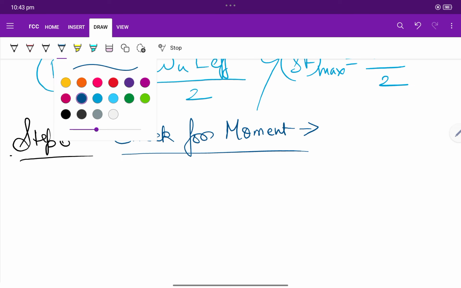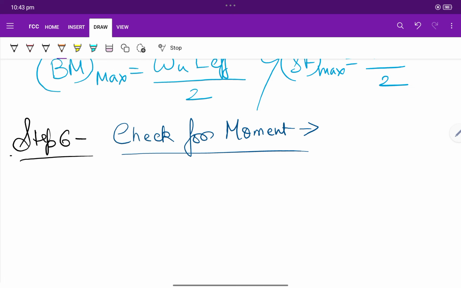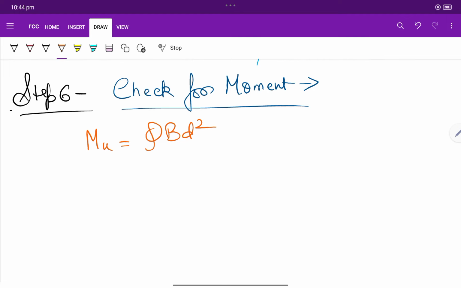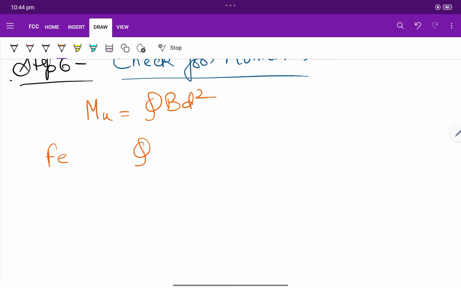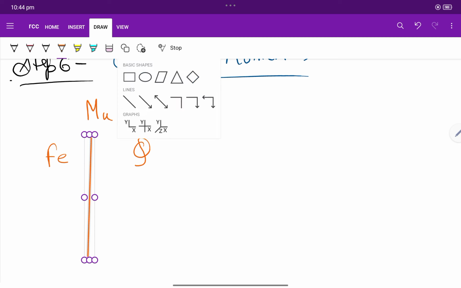So previously we have read one formula, that is, the ultimate moment formula is Q B D square. The Q value depends mainly on the grade of steel.